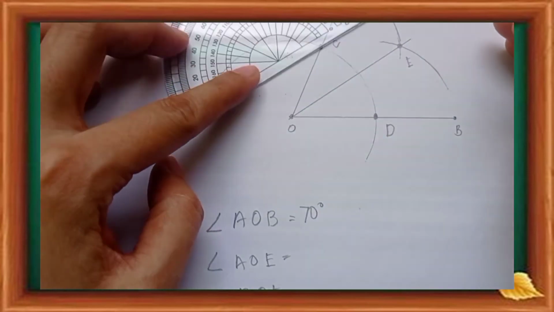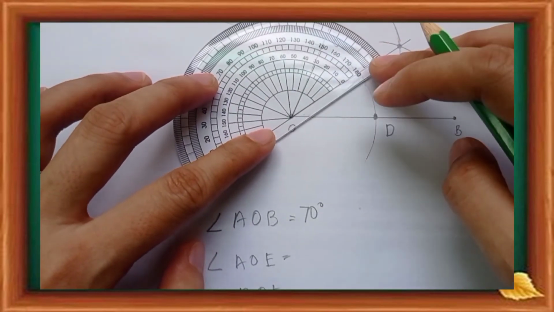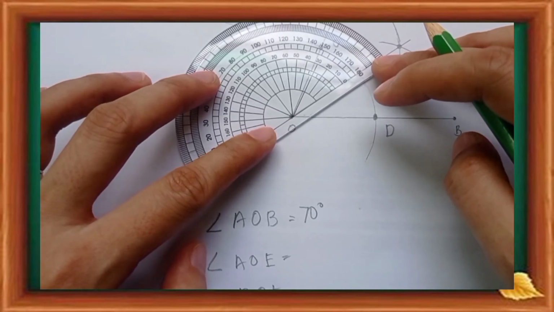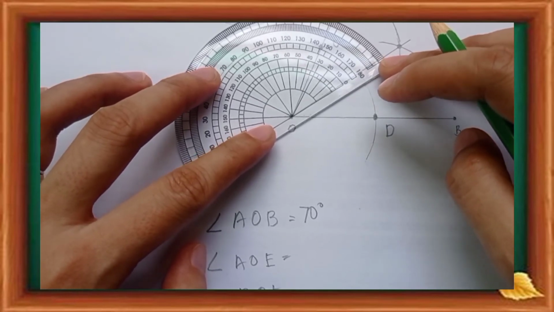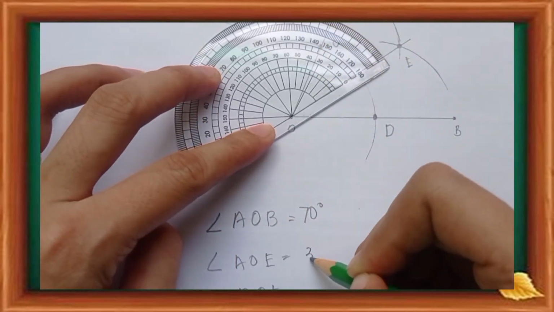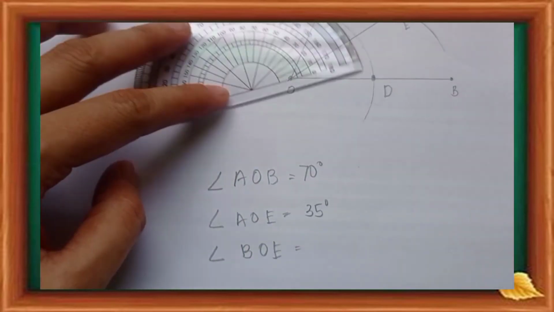This time, let us measure angle AOE. Align it to see. It is 35 degrees.